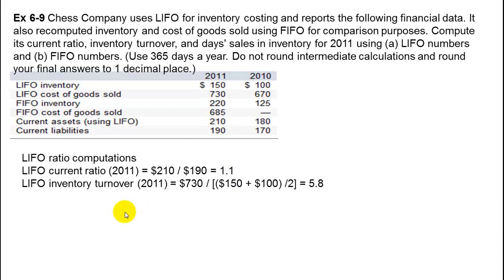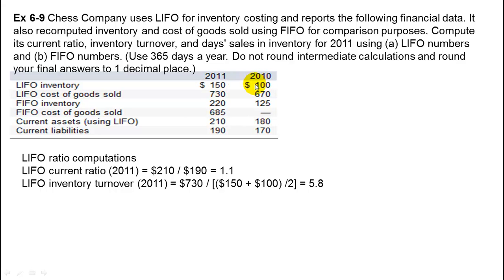LIFO inventory turnover for 2011 would be 730, which is the cost of goods sold for 2011 under a LIFO assumption, divided by the average inventory, which would be 150 plus 100, the LIFO inventory for 2011 and 2010, because the end of 2010 is the same thing as the beginning of 2011.